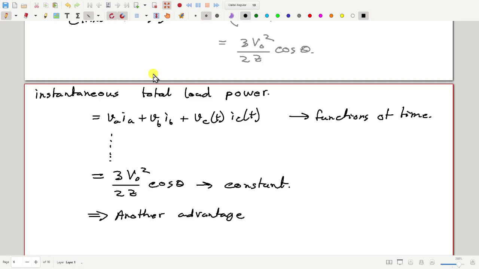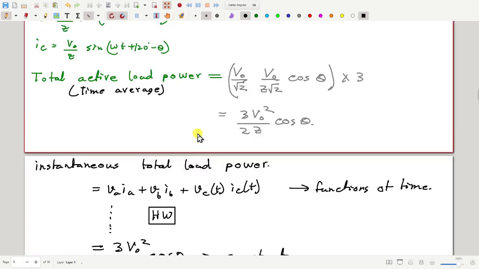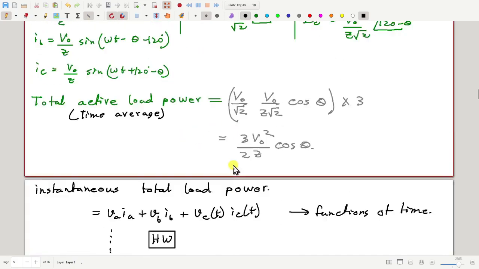So I leave it as homework to complete these steps. Simple trigonometric simplification, nothing else.